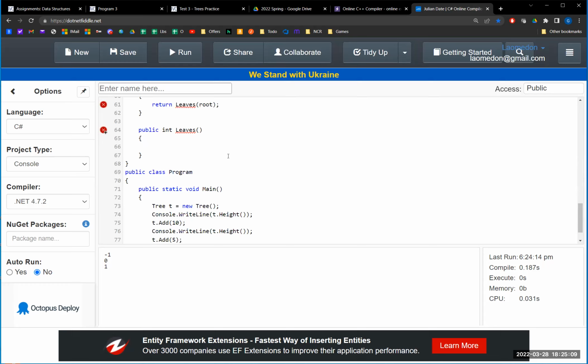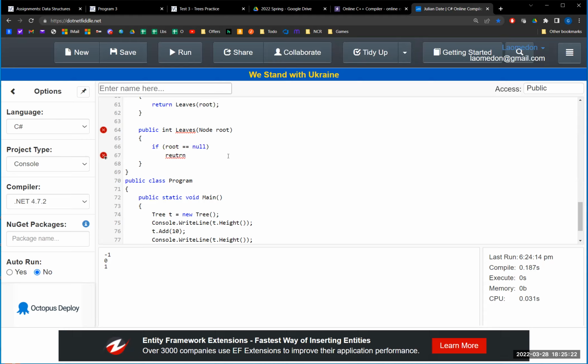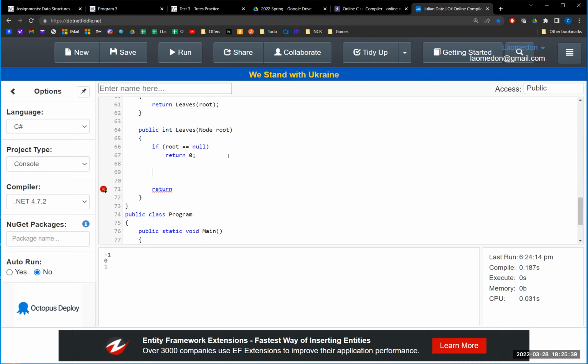And the node is a leaf if its children are both null. So our base case, if the root's null, just return 0. There's nothing to add to the data set. Otherwise, we need to find how many leaves are on the left-hand side, however many leaves there are on the right-hand side, and test to see if we are a leaf.